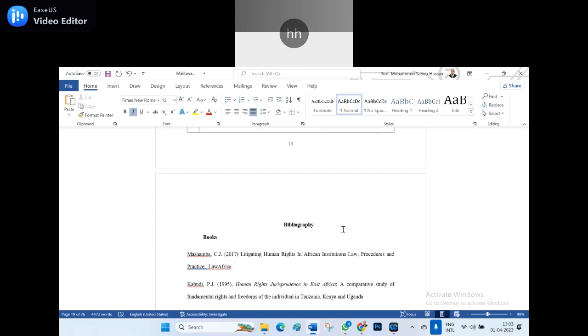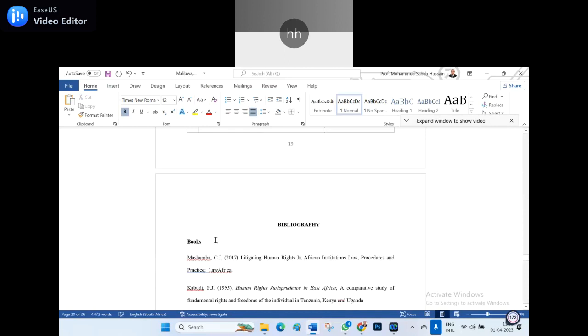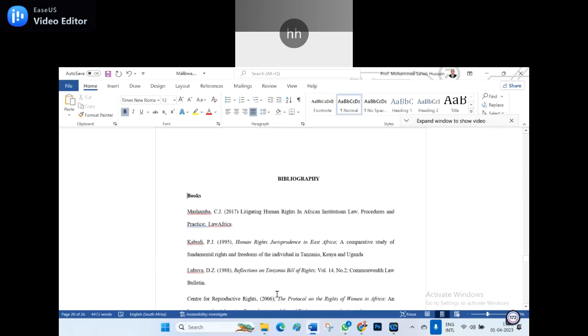When you write the bibliography in the center, I have told you, all capitals and bold. All capitals and bold when you are writing bibliography in the center. Otherwise, because here the side heading is there, books. Books should come extremely left and it should be in alphabetical order.